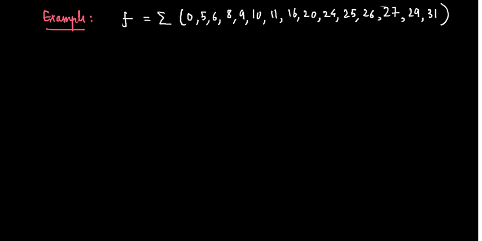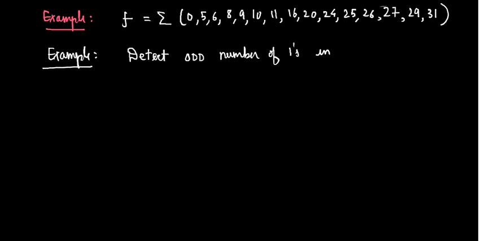Now take some examples. Say you need to detect odd number of ones in 3 variables or 3 bits variation.